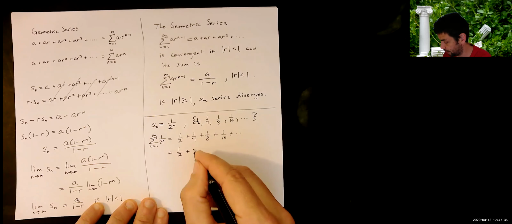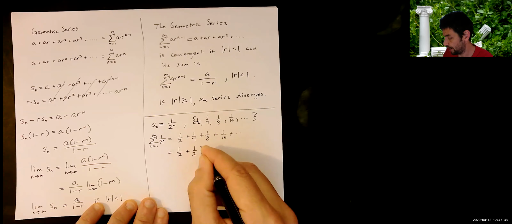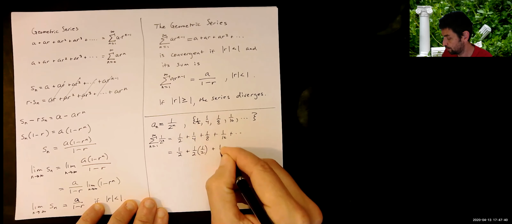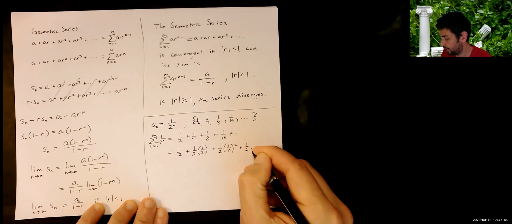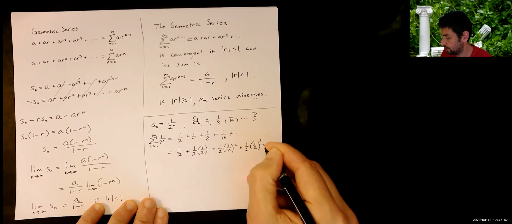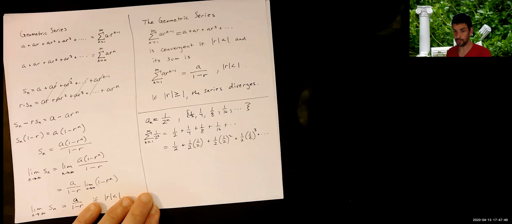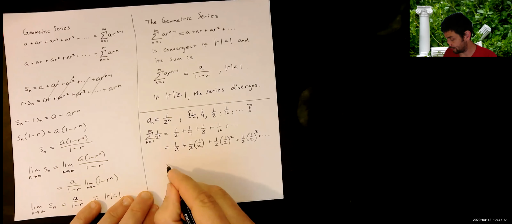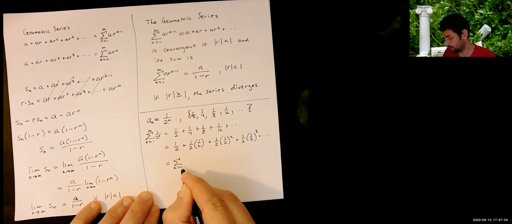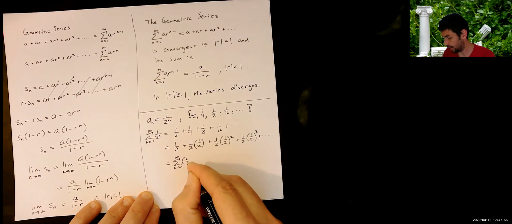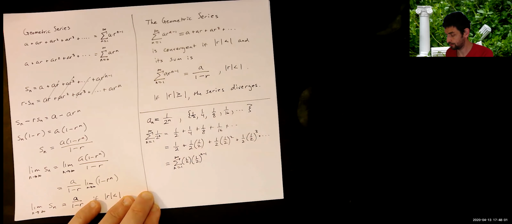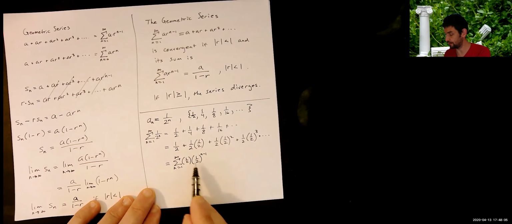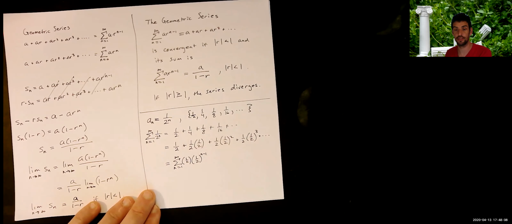So I can rewrite this as 1/2 plus 1/2 times 1/2 plus 1/2 times 1/2 squared plus 1/2 times 1/2 cubed, and on and on and on. We recognize this as the geometric series where A is 1/2 and R is also 1/2. So this is a funny way to write this series, but these are exactly the same thing.